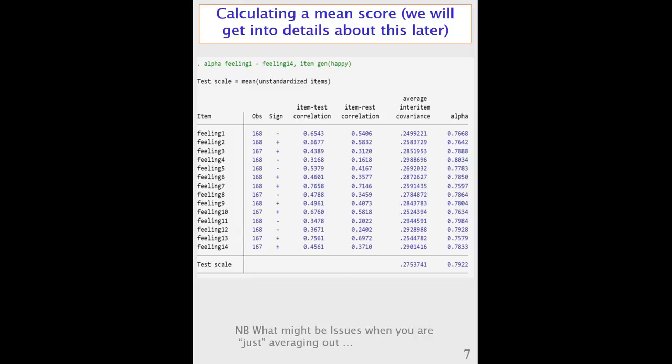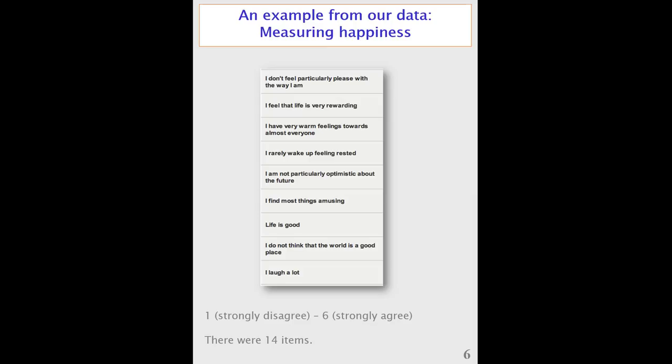One way to calculate a sort of sum score for all of these is using the alpha command. What the alpha command does is simply averaging out your scores on these separate items, taking into account the wording of the different items. So here you see, for instance, "I find most things amusing", which is, I guess, related to happiness in a positive way, or "I do not think that the world is a good place", that is a negative item.